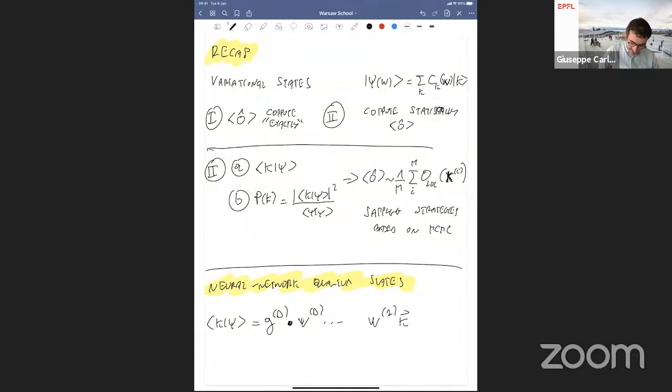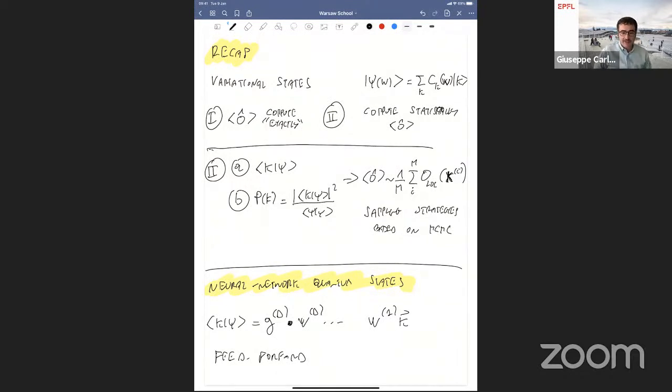So this is the typical feed-forward neural network. And you know how to take gradients of these objects using automatic differentiation. I think that Leigh has told you about this also in the previous talk.